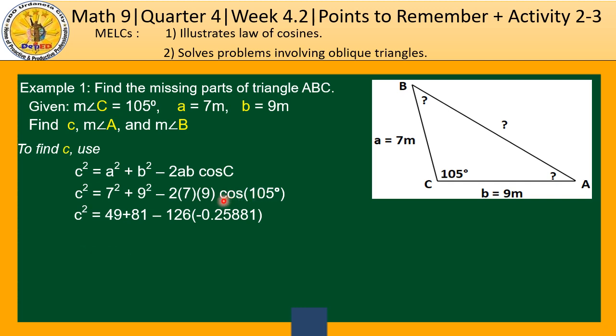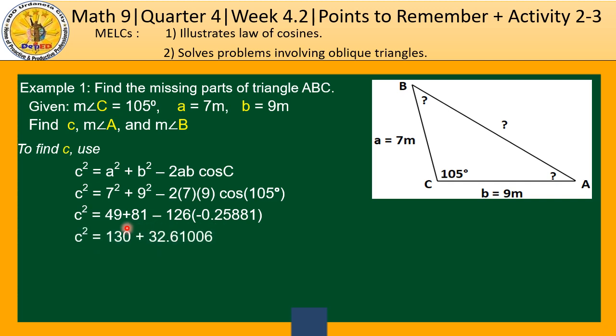The value of cosine 105 degrees is equal to negative 0.25881, or 25,881 hundred thousandths. So I just get the 5 decimal places of the value of cosine 105 degrees.